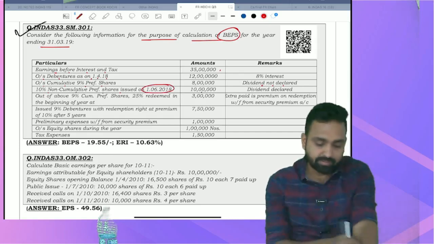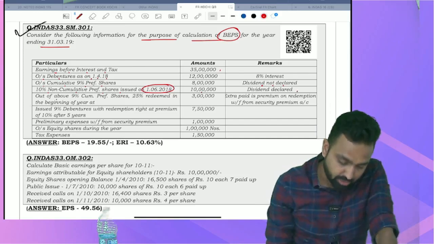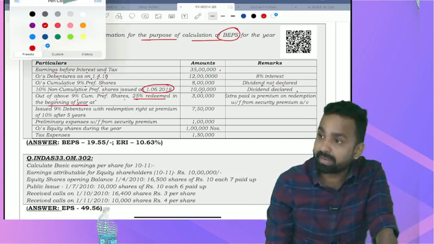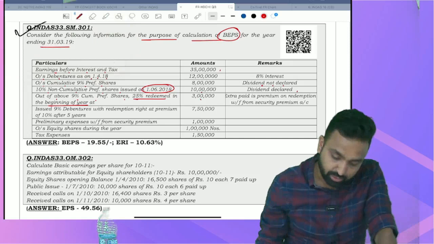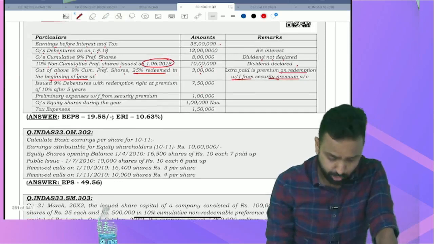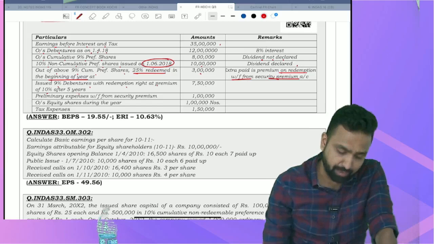It's 10 lakhs. Dividend is declared. Out of the 9% cumulative preference shares, 25% redeemed in the beginning of the year, 3 lakh. Extra paid as premium on the redemption is written off from the security premium account. Issued 9% debentures with redemption right at a premium of 10% after 5 years, 750.